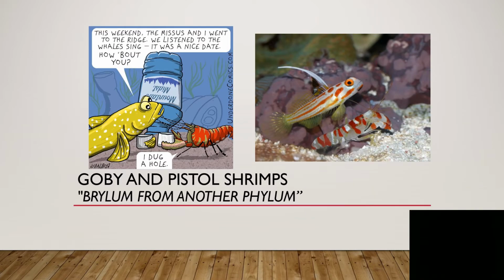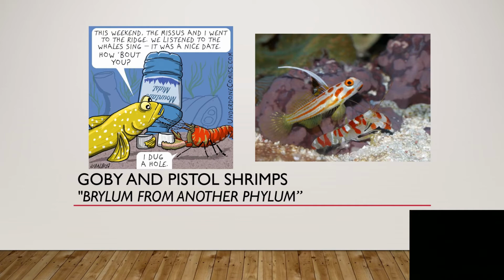And then another mutualistic relationship will be the goby and the pistol shrimp. The goby and pistol shrimp are two different species that coexist together in the same hole that the shrimp dug. There are more than 120 species of gobies that are seen to room up with the shrimps.